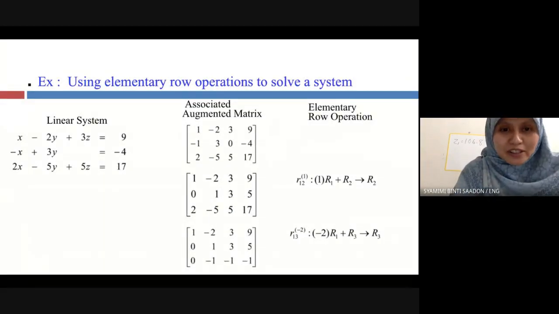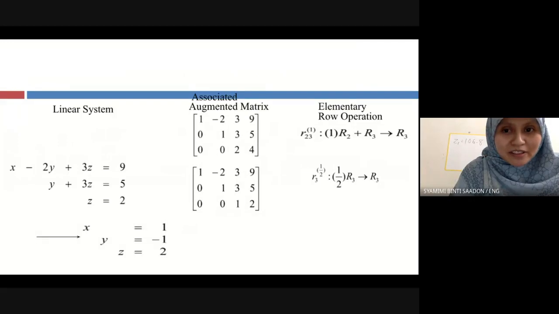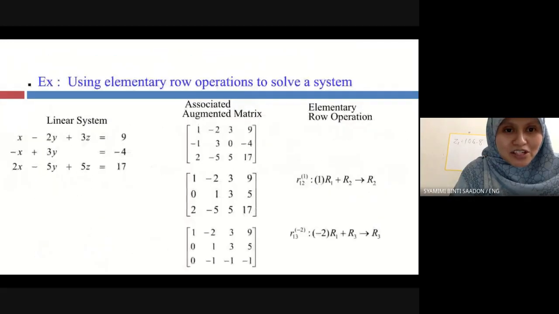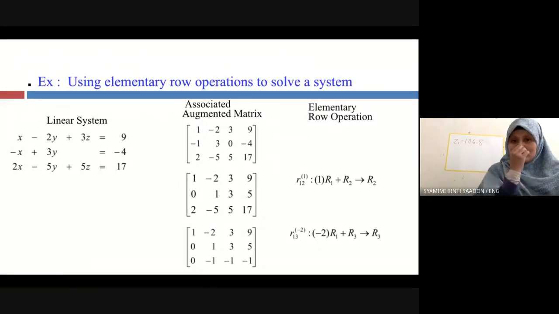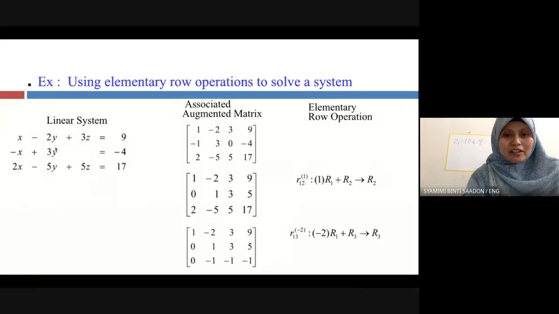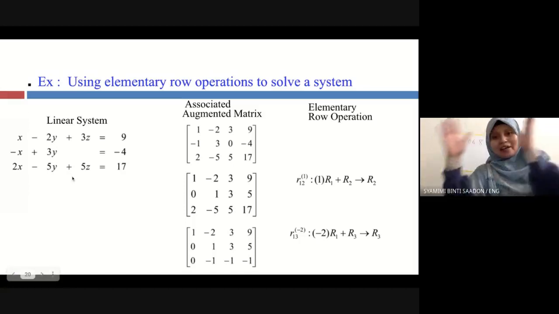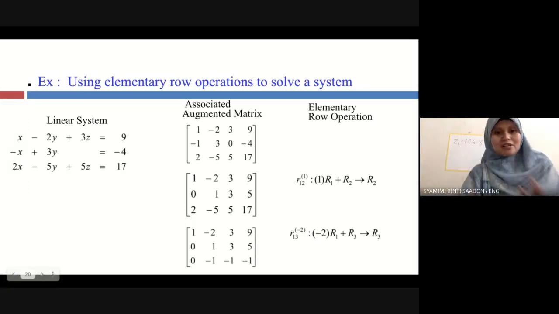I think we already enter the topic of Gauss elimination here. The Gauss elimination is the one that you are already familiar with. For example, we have a linear system in X, Y, Z here. We just rewrite the system into a matrix.